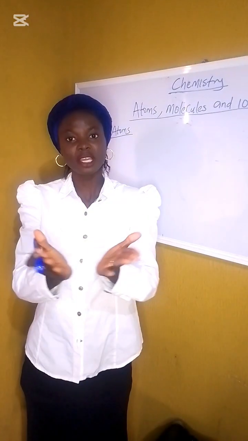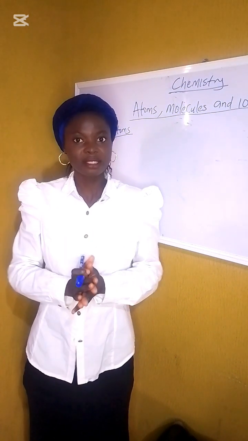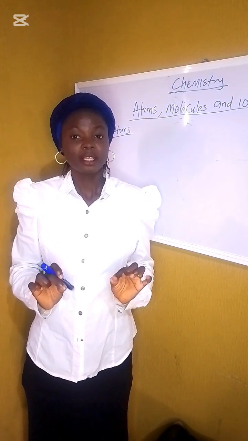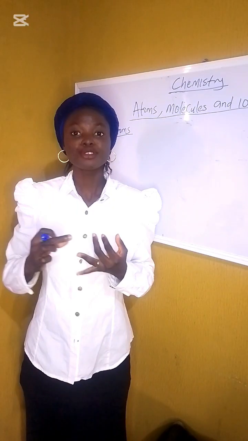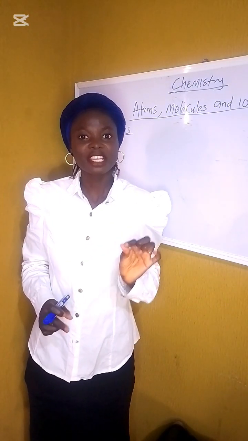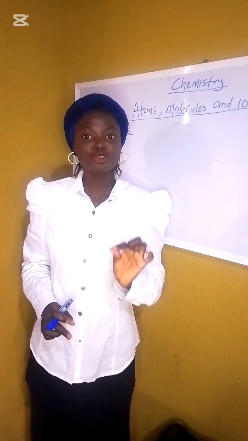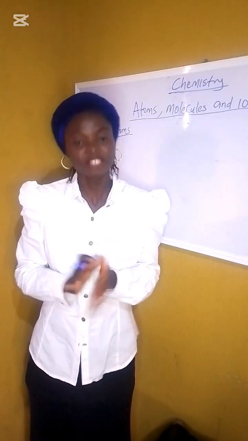Now, we have components of an atom, or subatomic particles. This atom is made up of some components. Number one is the nucleus. The nucleus contains protons and neutrons. The proton is positively charged, while the neutron has a neutral charge.